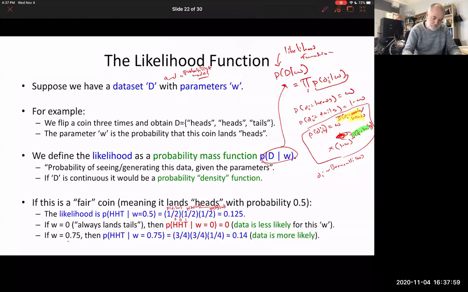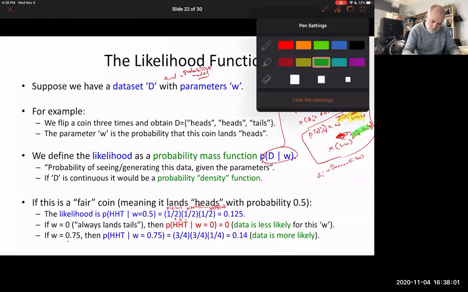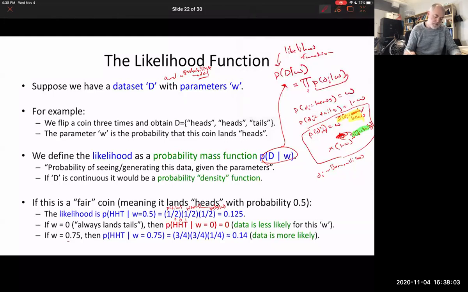So you're going to get 0.75 times 0.75 times 0.25, and this is 0.14.